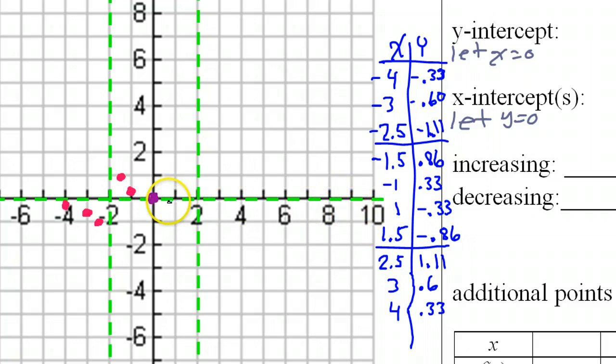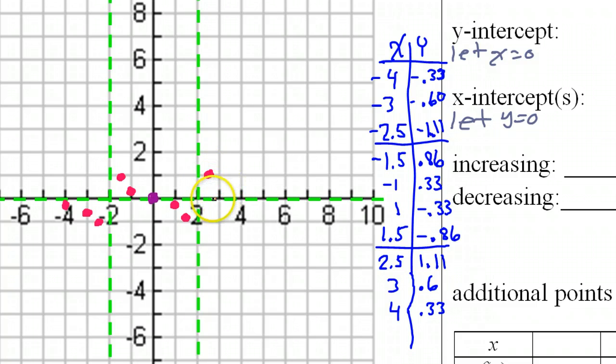At positive 1, I'm at negative 1/3, negative 0.3 repeating, so that's about right here. At 1.5, I'm at negative 0.86, almost negative 1, but not quite. At 2.5, I'm at 1.11, so that's basically 1.